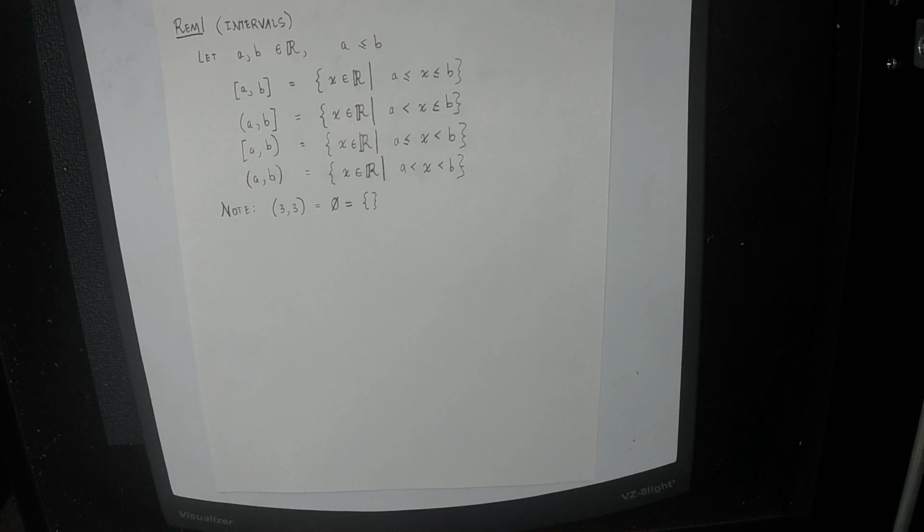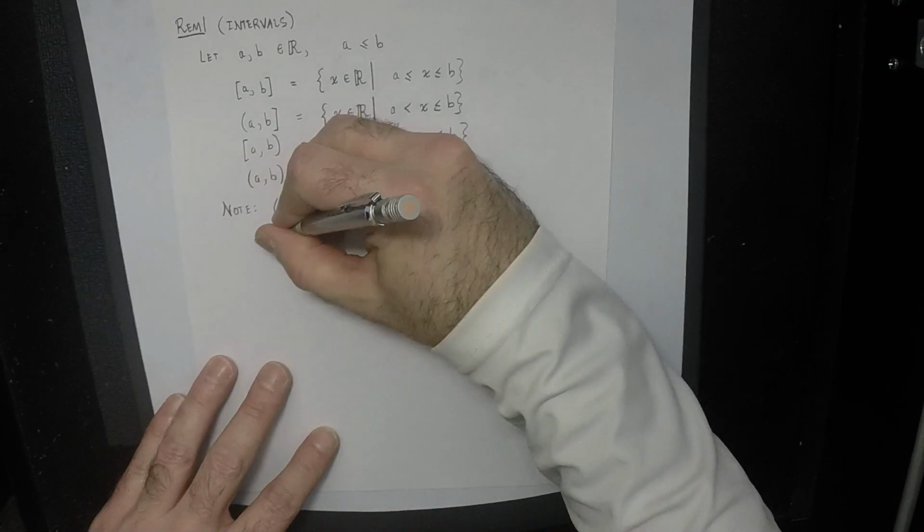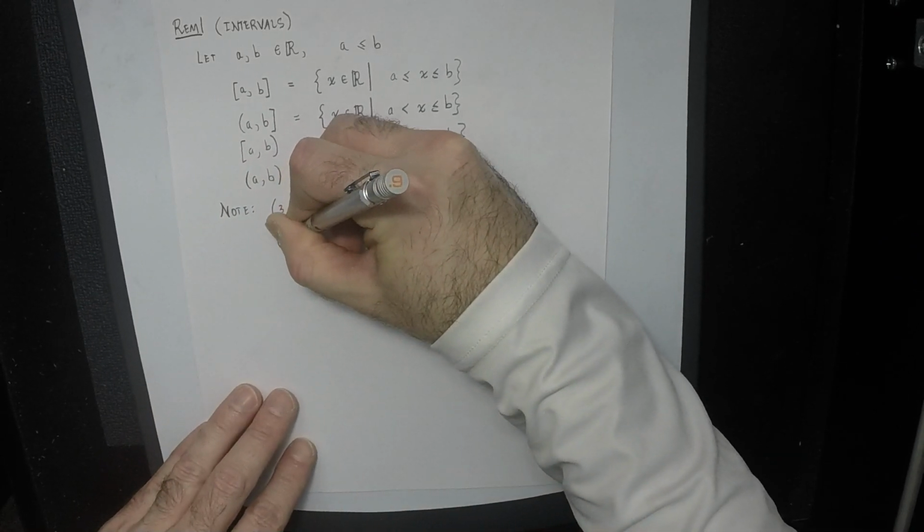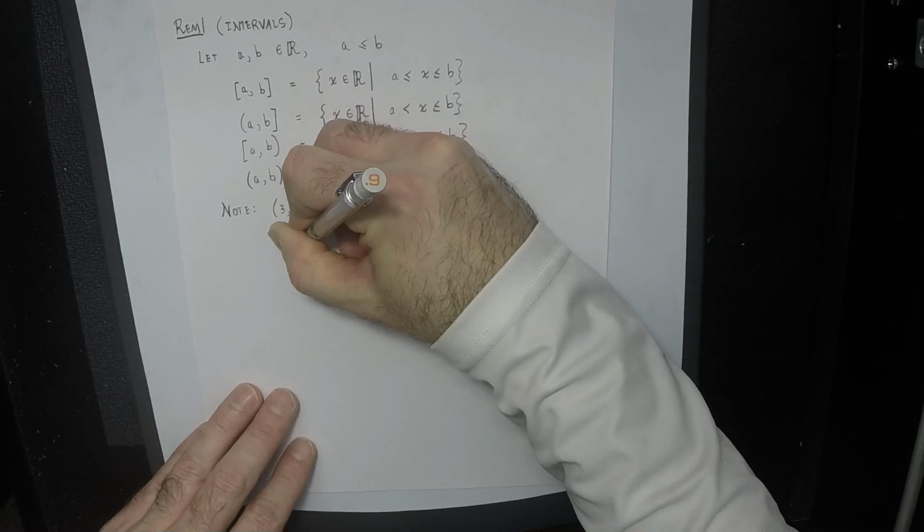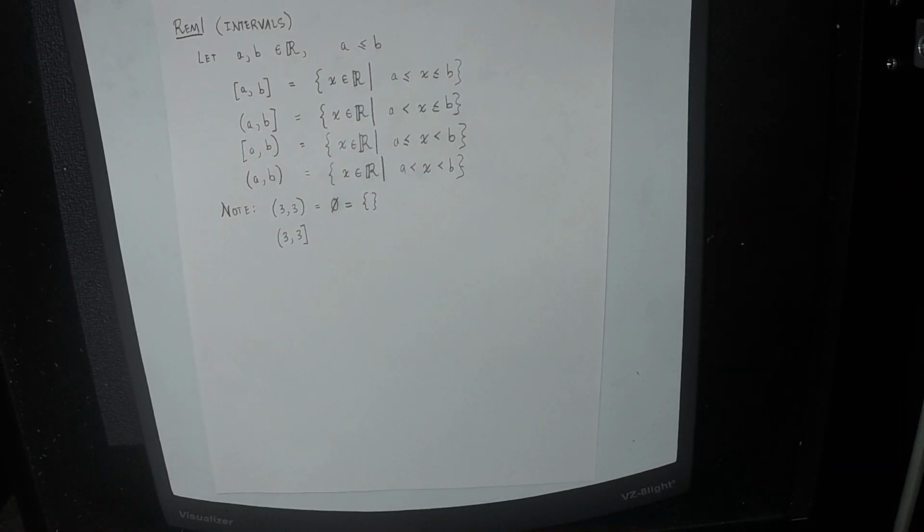Are there any others? Any other kind of possibilities where the set could be empty? Sorry? If it's I, what do you mean I? Like the imaginary. But these intervals are subsets of the reals. The complex numbers are interesting, but we're not talking about them yet. What about this one? 3, 3. Is this one empty?